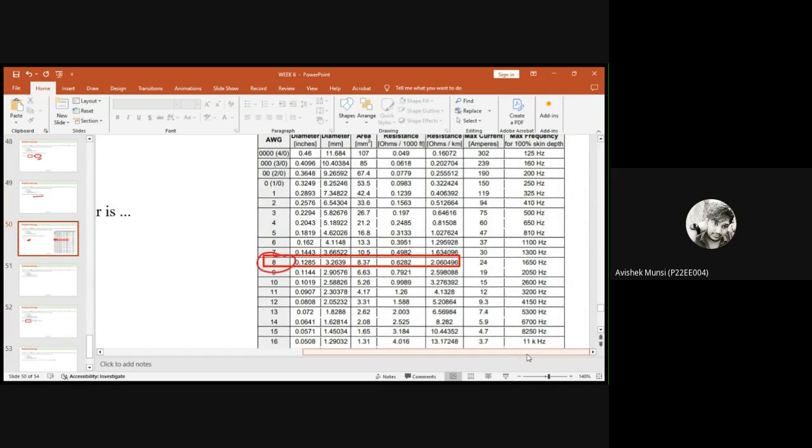On the AWG sheet, you can see the area as we calculated. The area is around 7.5. So this will be the better, 8. So AWG 8 will be chosen for this design.